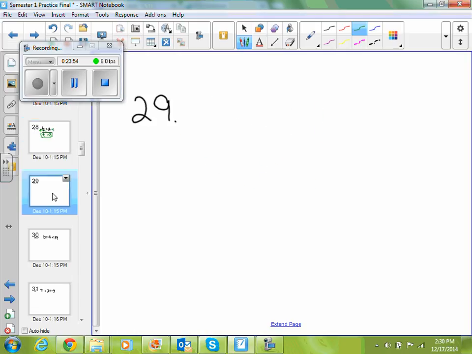Alright. Number 29. Notebooks cost $1.39 each. What are the possible number of notebooks? Okay, $1.39 times n has to be less than 10. Then divide by $1.39.